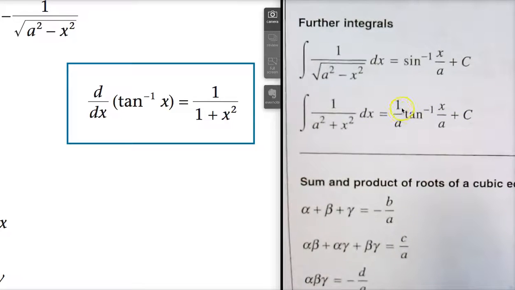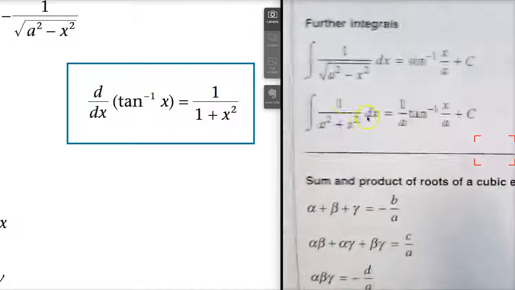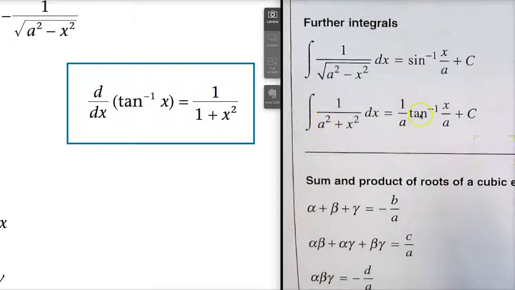Let's look at it here on the formula sheet. In this case, a would be 1. So we're just differentiating 1 over 1, which is 1, inverse tan of x on 1, which is inverse tan of x. So if you differentiate inverse tan of x, you get 1 over 1 plus x squared. Are we okay? Remember, that is the integral. If you integrate the left, you get the right-hand side. If you differentiate the right-hand side, you get the left-hand side.